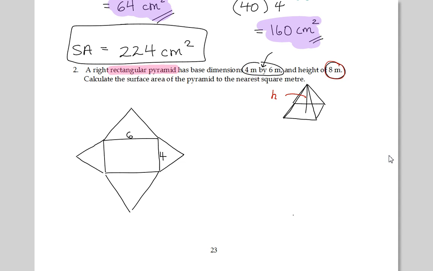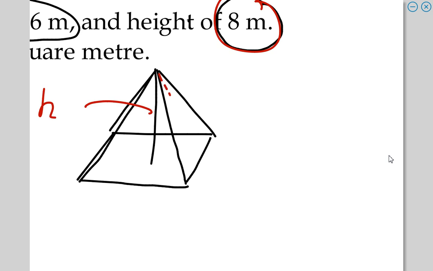So to calculate the surface area of the pyramid, I need slant heights, not that height of 8. So I need this one. In order to do that, I have to create a right angled triangle and do Pythagorean theorem.